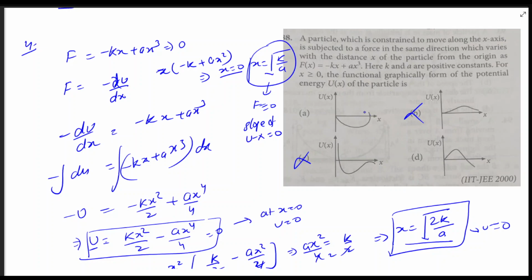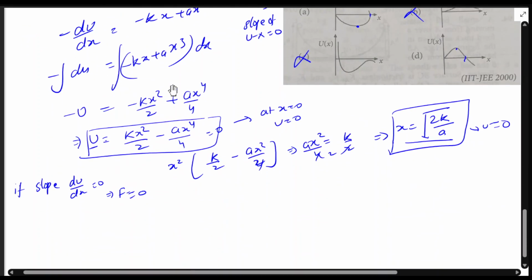So look, this is our point, right? And here the slope is 0, and this is our root 2k by a, where u is 0. So both are matching. Now we just have to find what will happen after x equals root 2k by a. Is it decreasing or increasing?